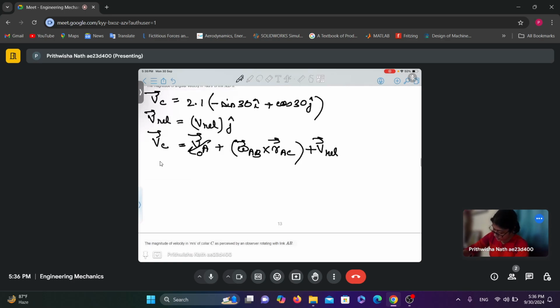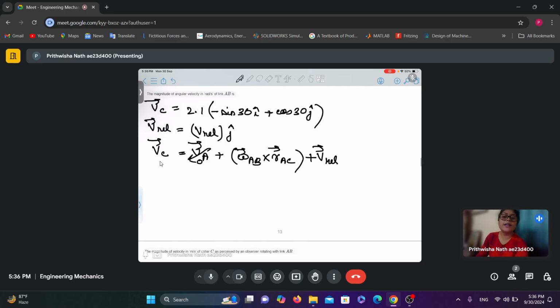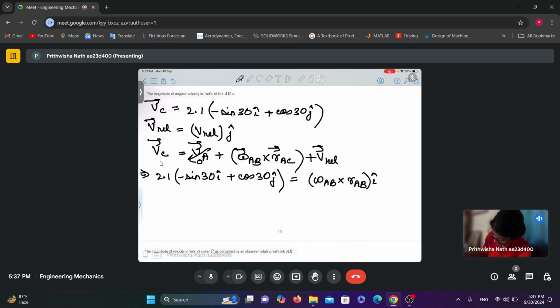So I'll just equate the components on the left and right hand side. Equals omega AB RAB i cap plus V rel j cap.